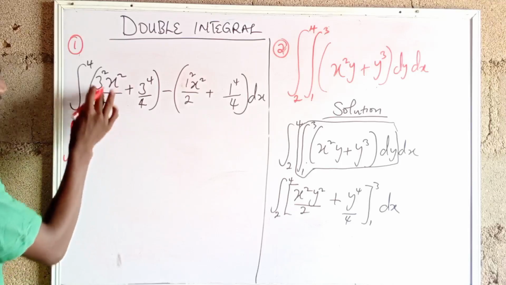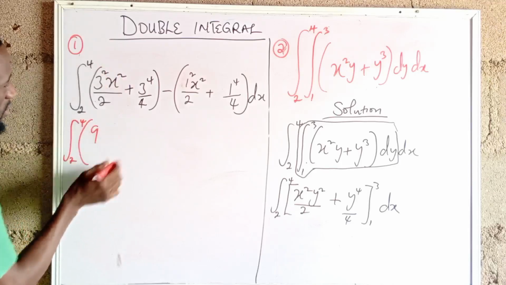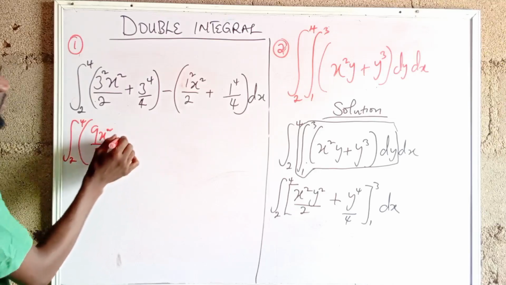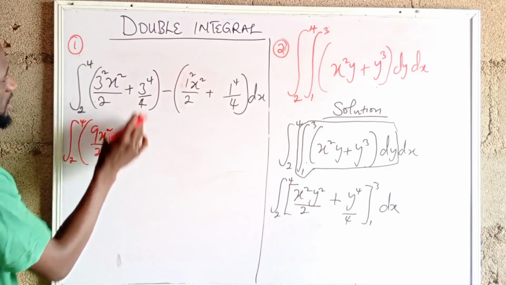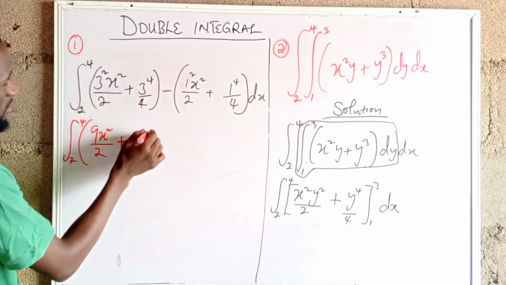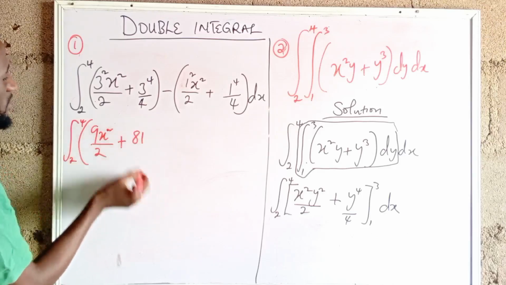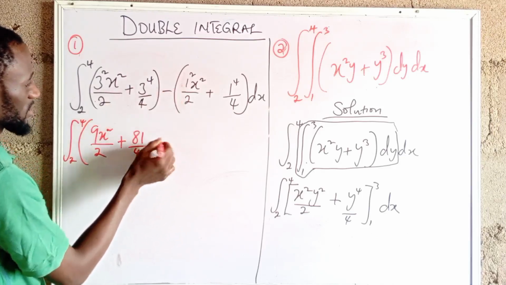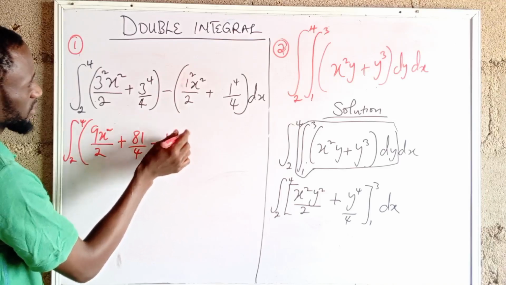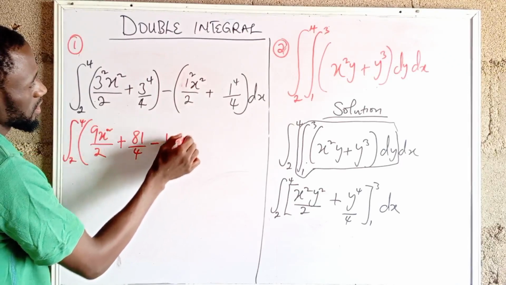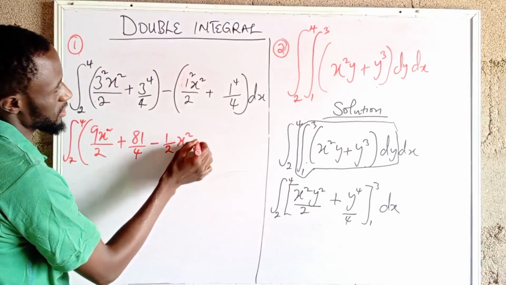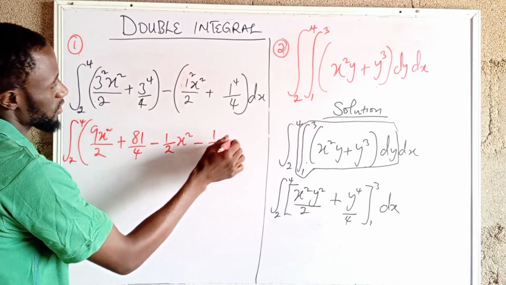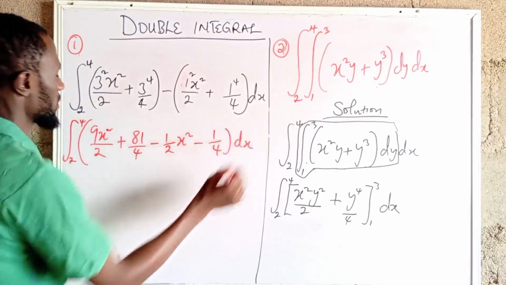Open bracket, we have 9x squared all over 2 plus 81 all over 4, and we have minus 1 all over 2 x squared, minus times plus, so minus 1 all over 4, all dx.